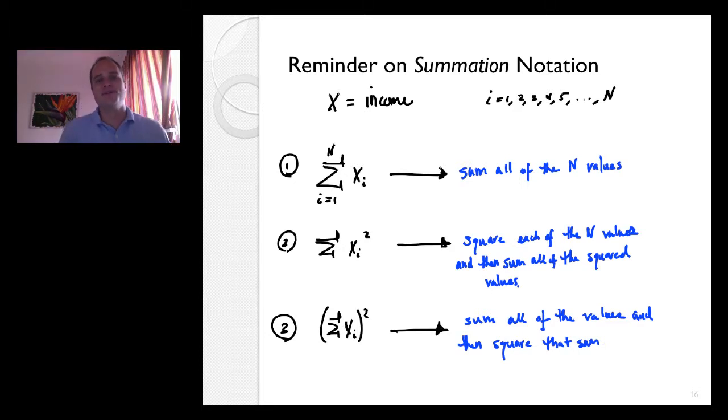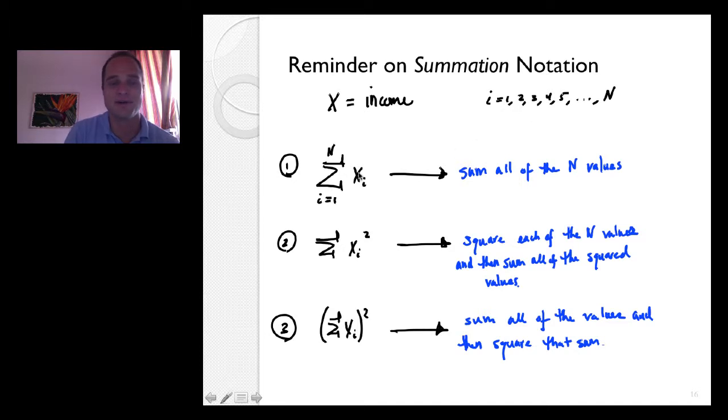Anyway, some reminder notation for summation notation. I have 3 examples here, and in the first example, hopefully this cursor shows up in the video, I've got X, which is income. When you see X sub I, and sometimes we'll drop the I, most of the time we drop the I, and your textbook drops it too, the I is just an index.